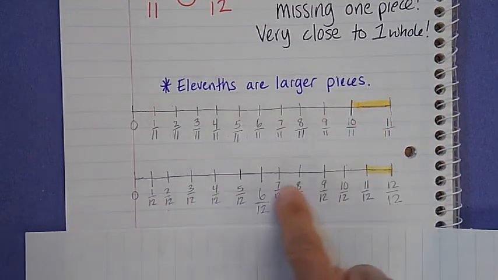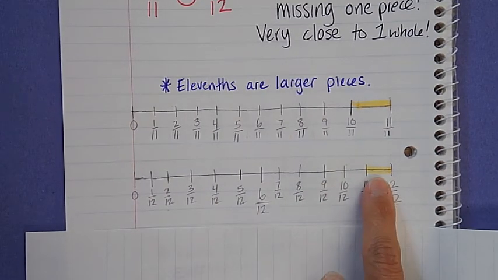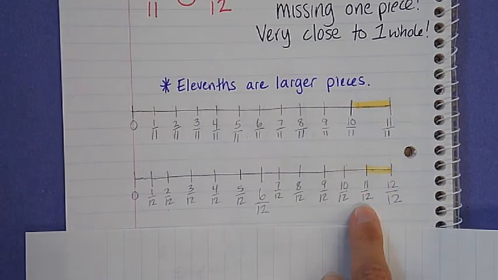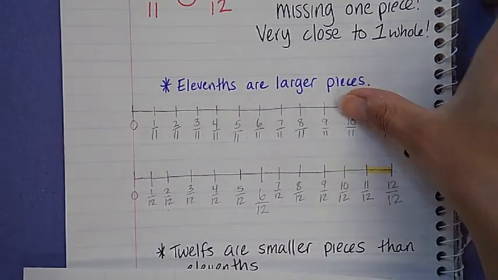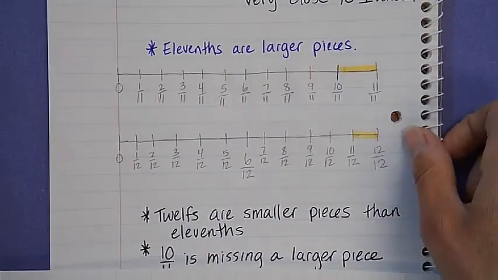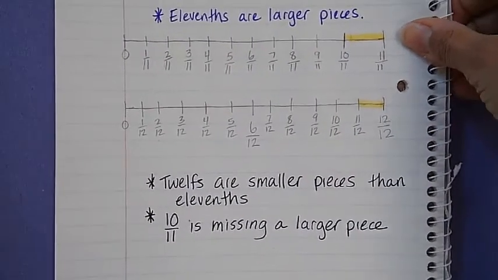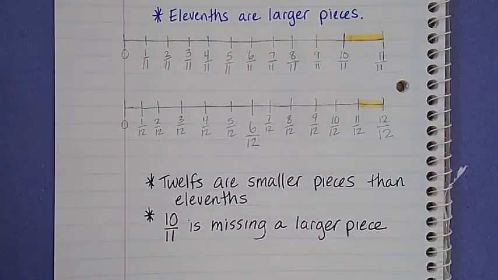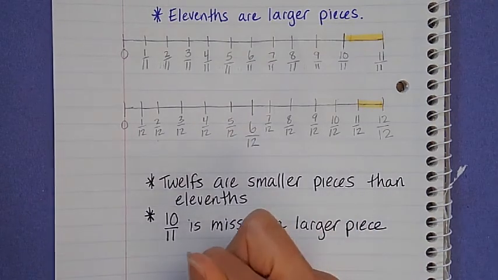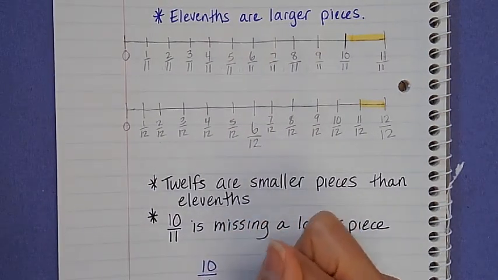I've cut this whole into more pieces. So in looking at this, 12/12 or 11/12, what I have here, is missing a smaller piece. So my next note to think about is the fact that 12s are smaller pieces than 11s. So 10/11 is missing a larger piece. So because I know this, I can then go ahead and compare my fractions.